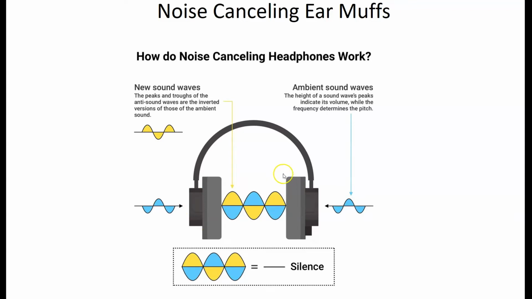If you've ever seen the earmuffs used, a lot of times for shooting guns, the noise canceling headphones, what they do is they take a sound that comes in. Usually there's some sort of setting they'll allow for like the volume of a voice, but once it gets too loud, something loud like a gun, it takes that wave, it sets up the complete inverted version of that wave and then adds them together.